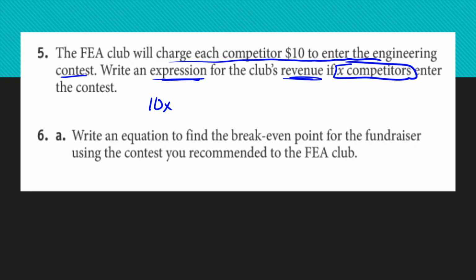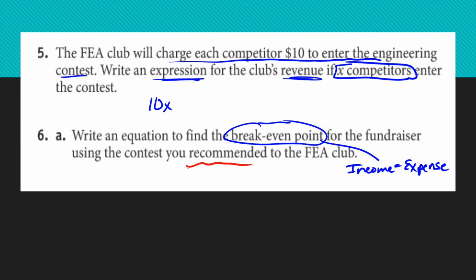Now we're going to write an equation to find the break-even point for the fundraiser using the contest you recommended to the FEA club. Now there's a lot packed into that little sentence. We're going to find the break-even point. So first of all, that means when income equals expense. That's when you break even. After that, you start making a profit. So we want to know the one we recommended. So that was Card Tower, right?